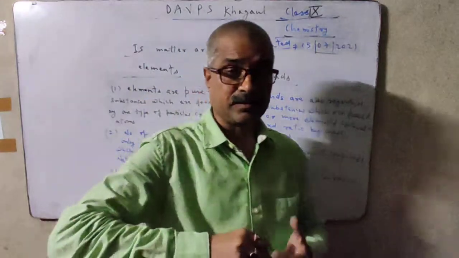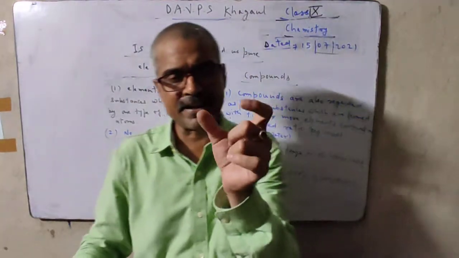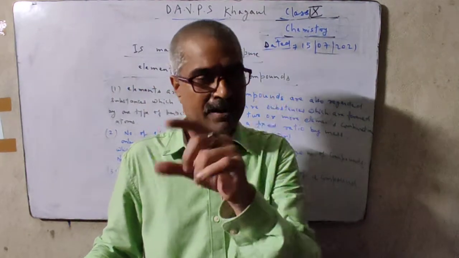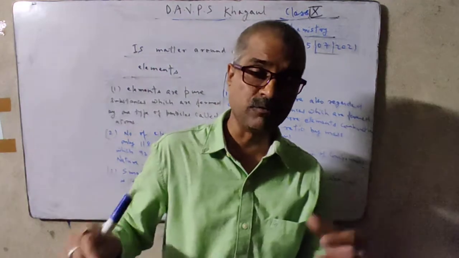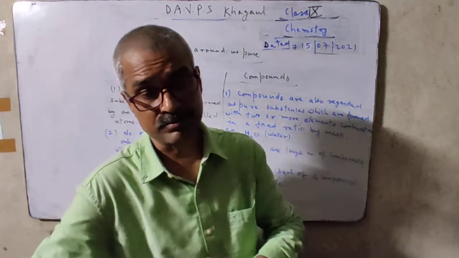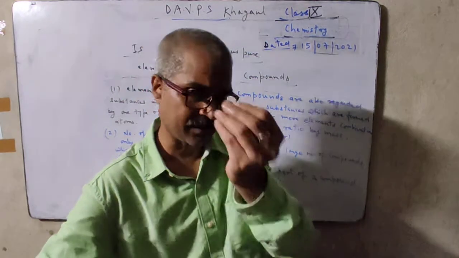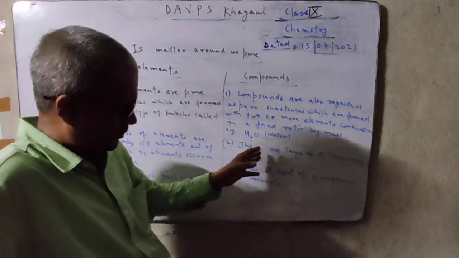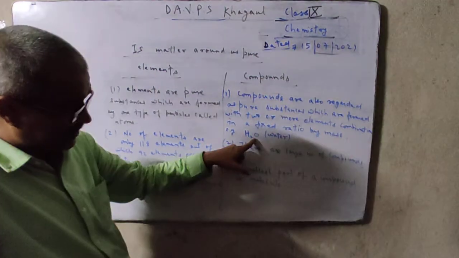When we talk about a compound, we cannot mechanically separate elements from the compound. A chemical reaction is involved in the formation or dissociation of a compound. Like here, H2O, water.